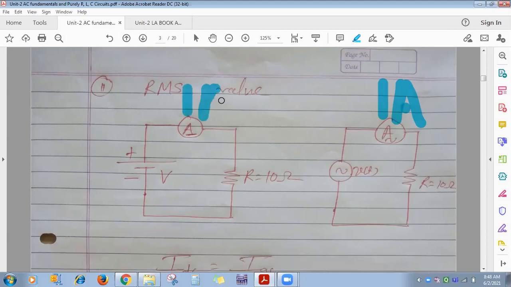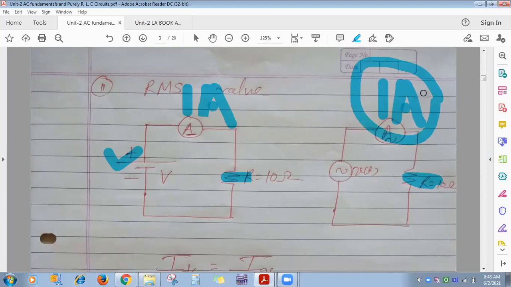Here also the reading is 1 ampere and the source is DC, with the same 10 ohm resistance. For the same time interval, both produce the same amount of heat.